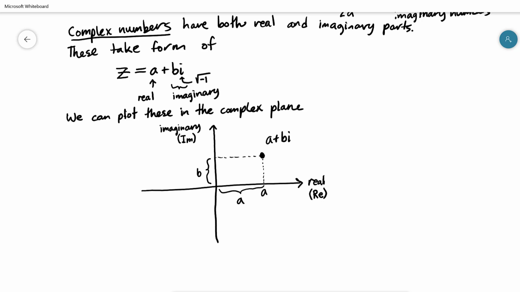So that's kind of the idea of how you would plot one of these points in the complex plane. Whatever the real part of the number is, you go that far along the real axis, which we associate with the x-axis. Whatever the b is that's sitting with the i, that's the imaginary part, we go that far in the imaginary axis, which we associate with the y-axis.